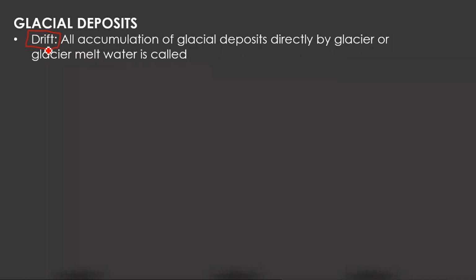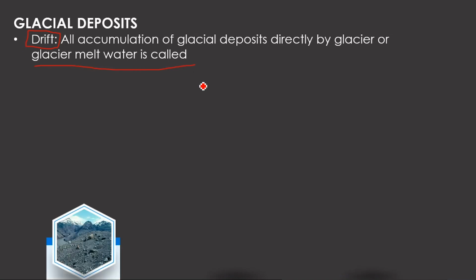But that kind of thing is not there in the case of glacial deposits. It can take any sediment in suspension, it can take any sediment in the bottom load. Any type of sediment is possible. And when it deposits, it doesn't follow any pattern. It simply deposits, and that will be a really unsorted deposition produced by a glacier.